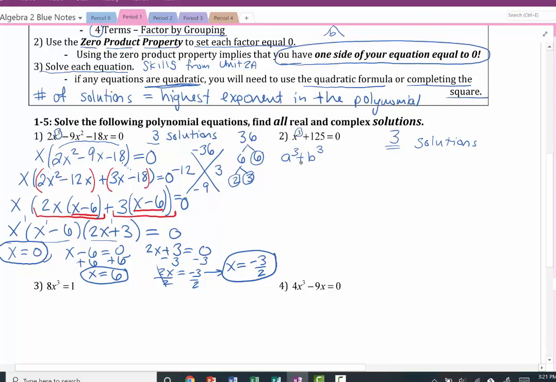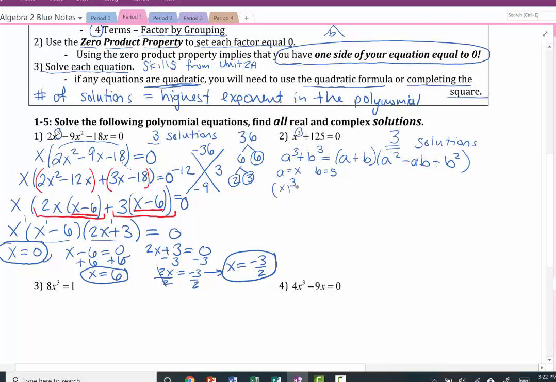So any expression of this form, a cubed plus b cubed, will factor into one linear factor, a plus b, and one quadratic factor, a squared minus ab plus b squared. Now in this particular example, a is x and b is 5, because x cubed is x cubed and 5 cubed is 125, right?